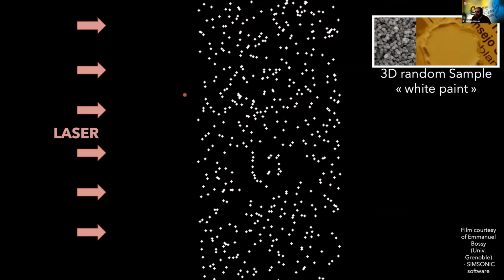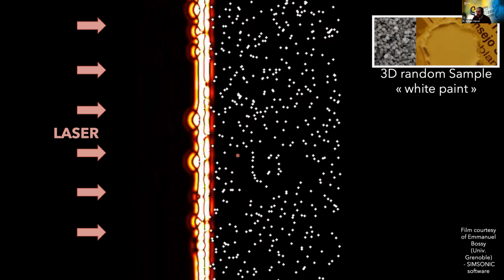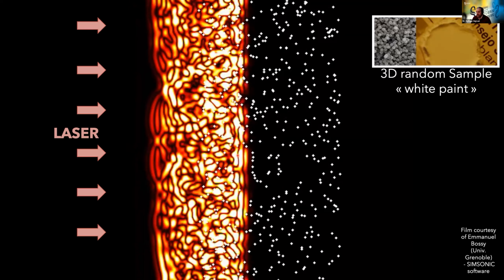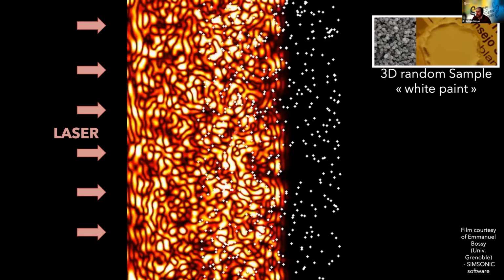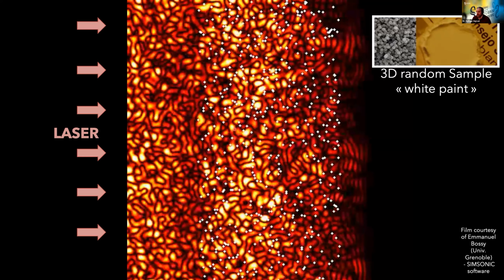I think what happens is well illustrated in this simulation, where you see a laser coming from the left that will enter the scattering medium, where each point here is a scattering element, and the pulse will enter. The ballistic light will disappear very quickly, and you will see a very complicated interference pattern called a speckle pattern.